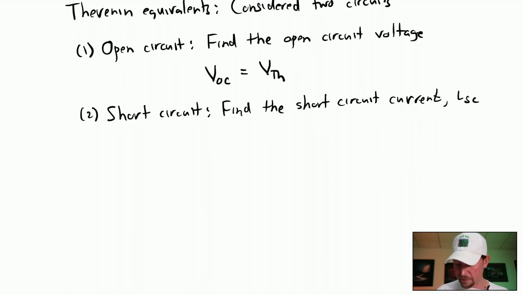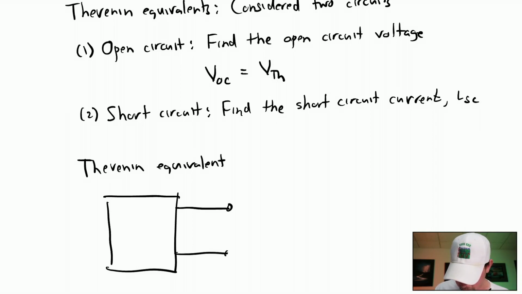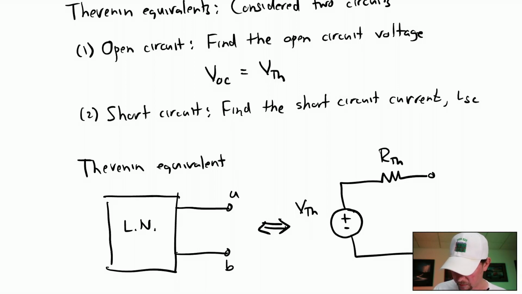And we found that if we found the short circuit current, then for the Thevenin equivalent of the network, so if you had your linear network here with respect to the terminals, I'll just say this is LN for linear network, the Thevenin equivalent network consisted of a voltage source in series with a resistance, and this was the Thevenin resistance.